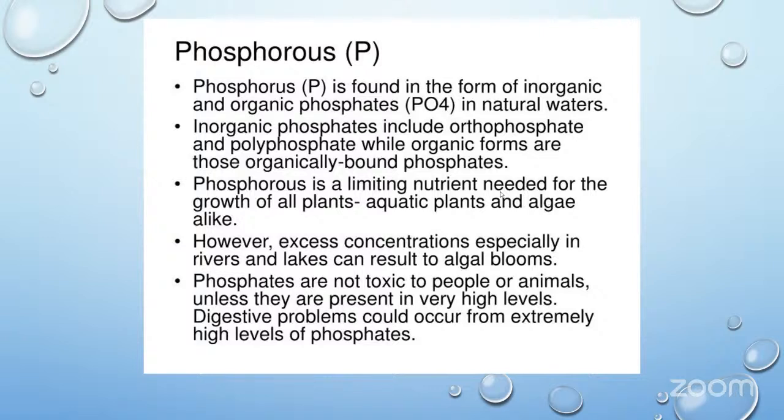Phosphorus is a limiting nutrient needed for the growth of all plants, aquatic plants and algae alike. However, excess concentrations, especially in rivers and lakes, can result in algal blooms. Phosphates are not toxic to people or animals unless they are present in very high levels. Digestive problems could occur from extremely high levels of phosphates.